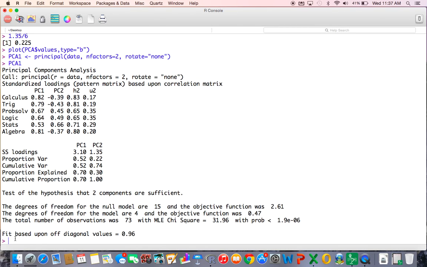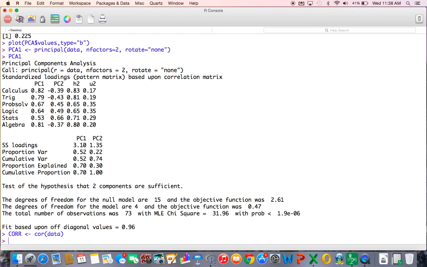Now, to get my reproduced correlation matrix, I'll tell you what I'm going to do. I'm going to call this COR, okay? And I want to call this the reproduced.